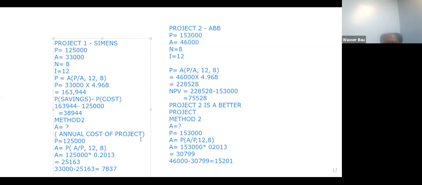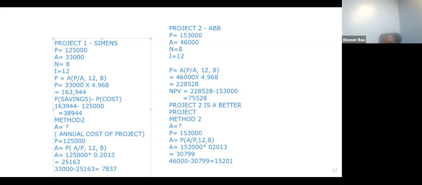Okay, let me explain again what we did. Going back to the question, it's very important that we explain this. Now, for the projects, we use two methods. Number one is to say we're investing 125,000 and we are saving 33,000. We're now saying, what is the worth of this savings to the present? In the second case, we are saying, what is the annual cost of this investment, this 125,000?